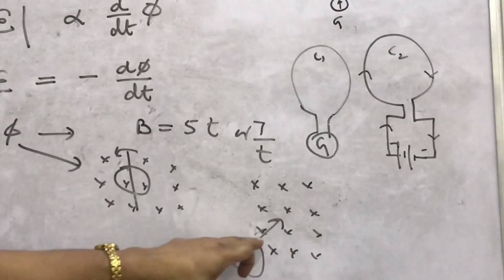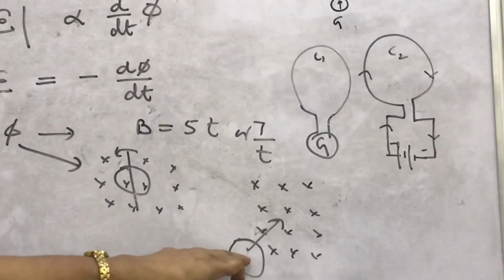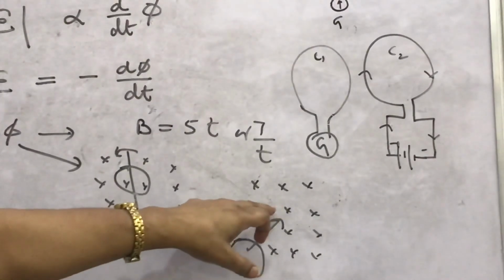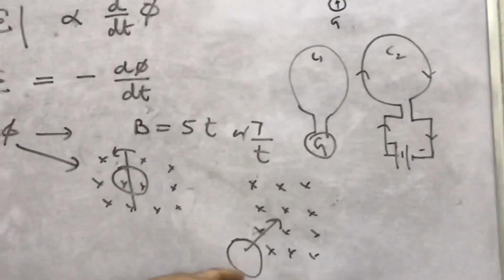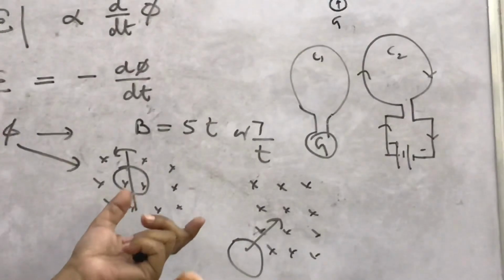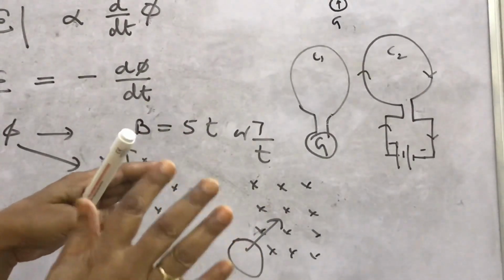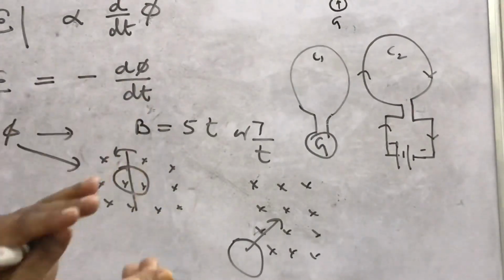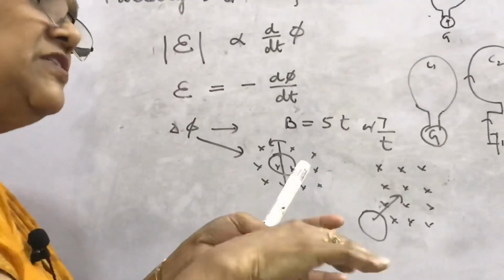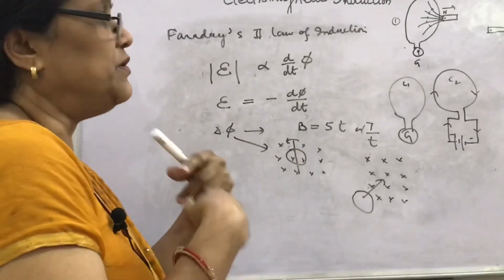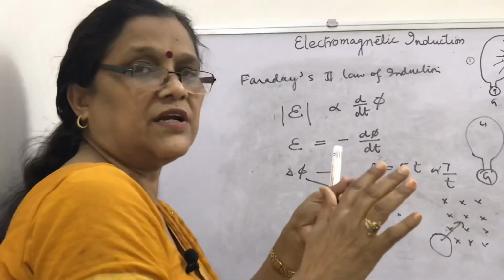Now magnetic field lines will increase as the loop enters, and from 0 a certain number of field lines will pass through the loop, and there will be an induced EMF or induced current produced in that loop. The main thing is that the magnetic flux linked with the closed circuit should change, and this changing magnetic flux will produce the induced EMF or induced current in the circuit.